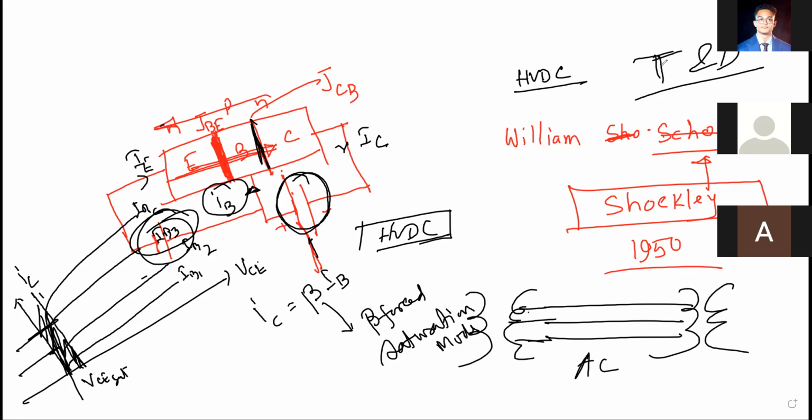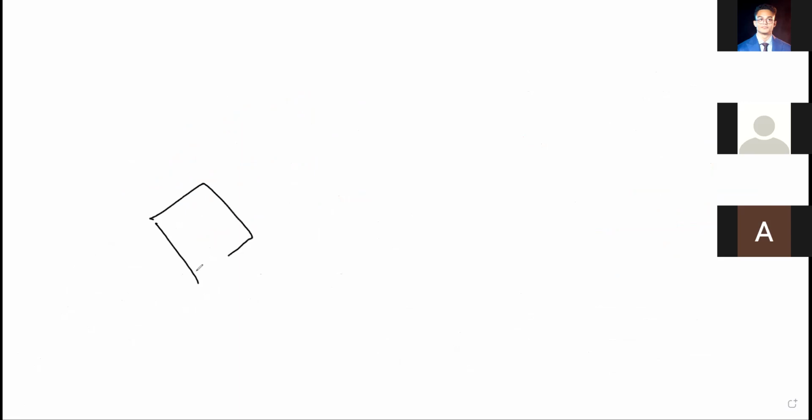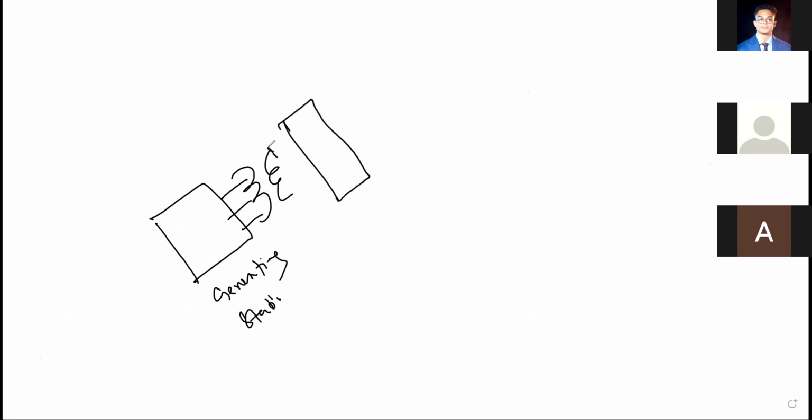So in the video, it is clearly mentioned that you have to transfer this thing. So suppose this is your generating station. You have the three phase. Then you can step up. Then you must have that three phase AC to DC converter, and then you have DC line.